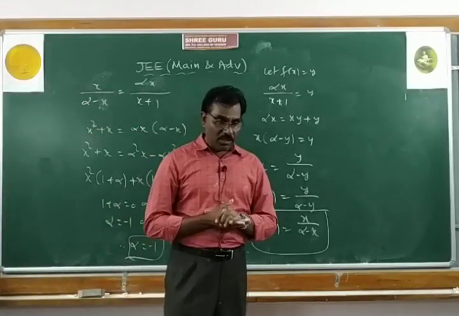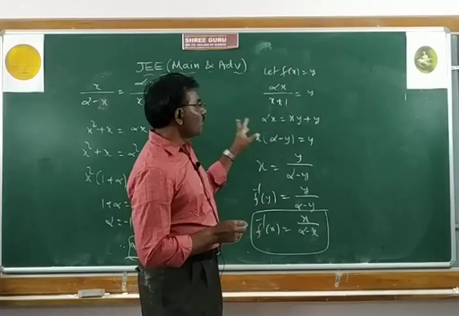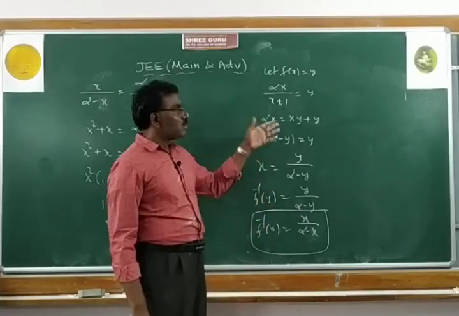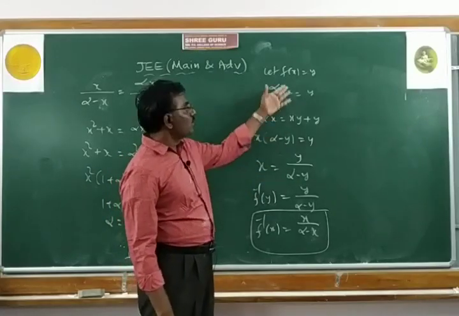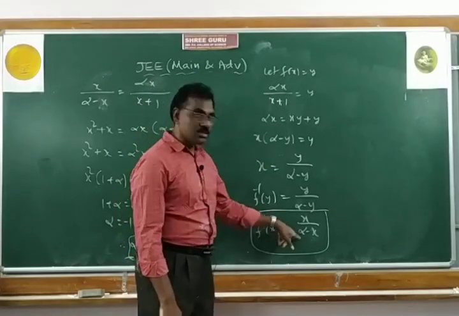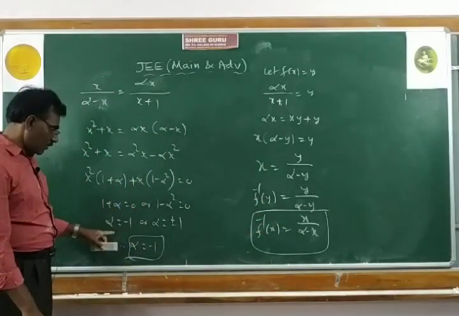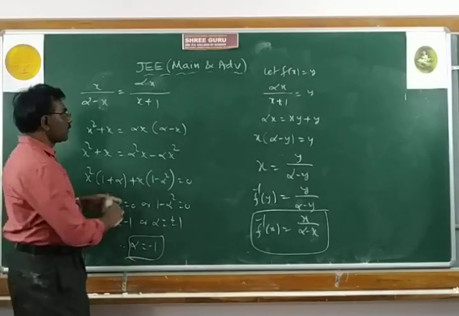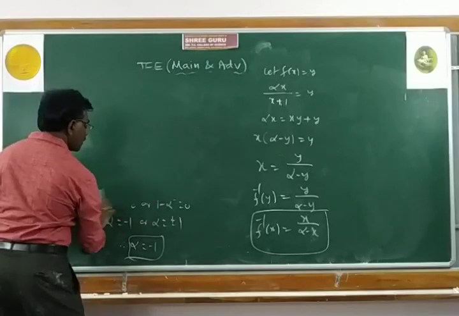The given composition f of f of x is x means f inverse of x is f of x. You don't know what f inverse of x is, so if you want f inverse of x, you write f of x is y. Substituting, the most common value is minus 1 here also. So this is problem number 9.